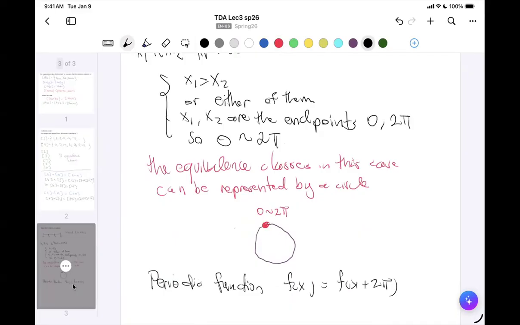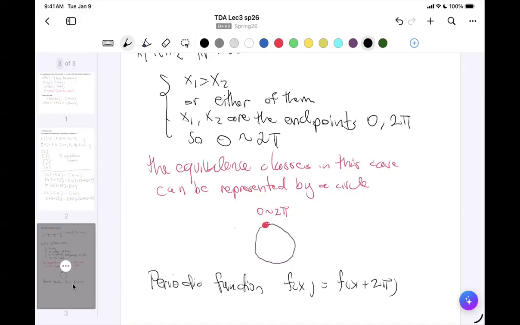And that makes a clearer connection to Fourier series and other things, if you've seen that before. From this perspective, a periodic function, where the two values agree at the endpoints, can be thought of as actually defined on the circle.